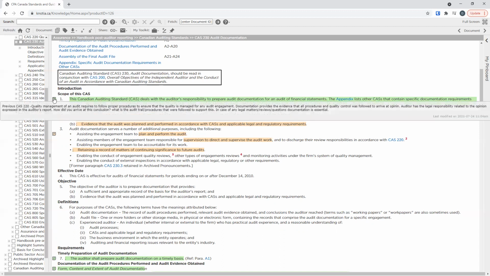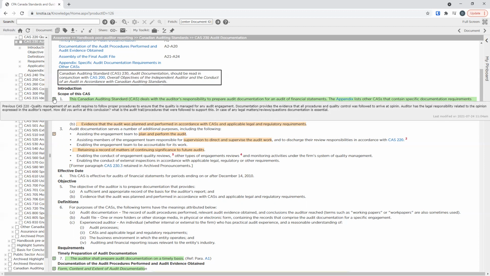Now, like the previous standard we saw, 220 quality management of a financial statement audit engagement, it requires that proper quality and standards are followed in an audit engagement for the team as such. The engagement partner, the signing partner, is responsible for the opinion, but he needs to review all the work that is done.